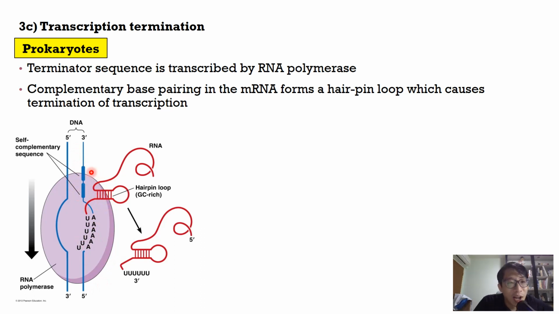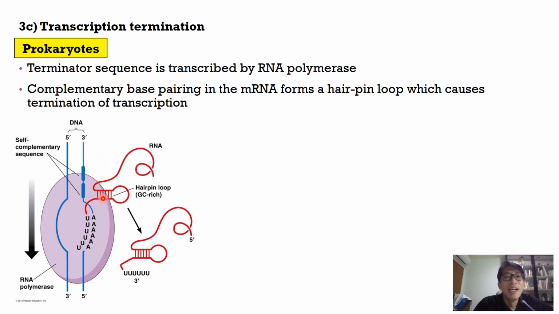For example, if this part is say CCGGA, then this part would be complementary to CCGGA, which would be UCCGG. Because the terminator sequence contains a self-complementary part, after transcription the mRNA also contains a self-complementary part, because the mRNA is complementary to this.